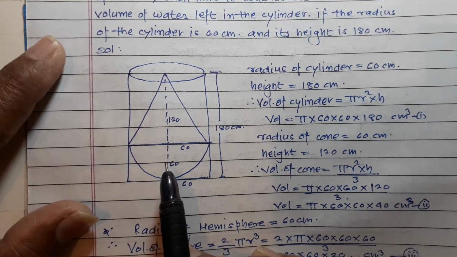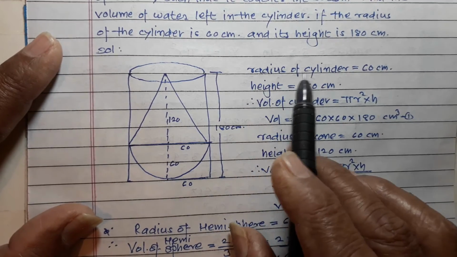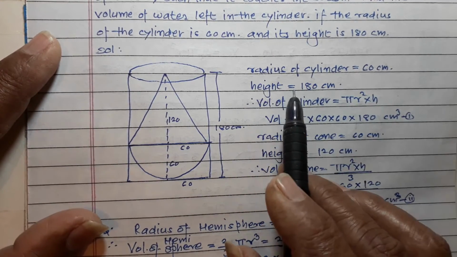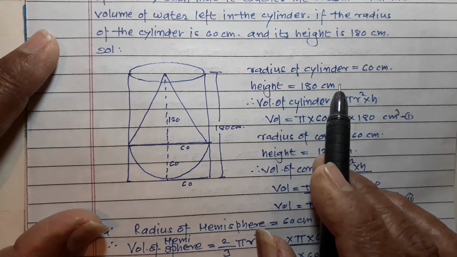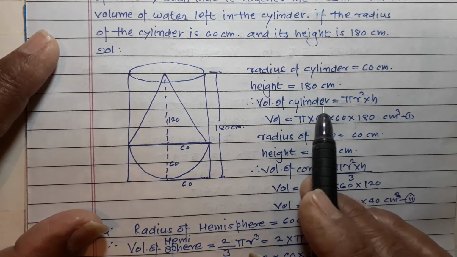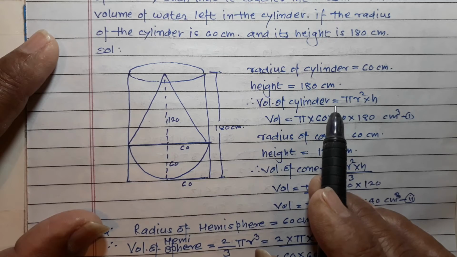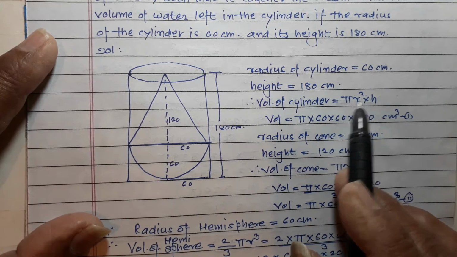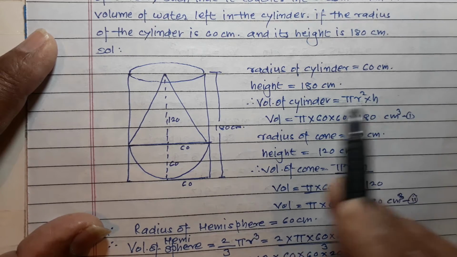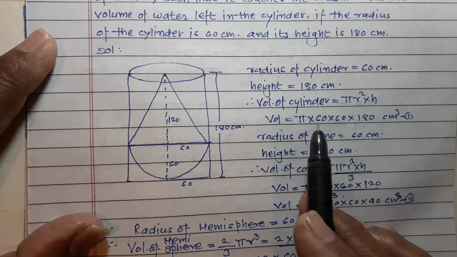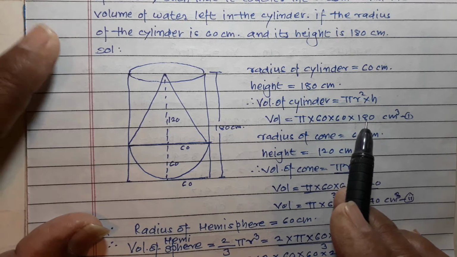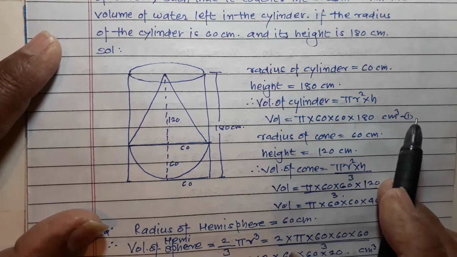Radius of cylinder is equal to 60 centimeter, height is equal to 180 centimeter. Therefore volume of cylinder is equal to pi r square into h. So volume is equal to pi into 60 into 60 into 180 cm cube.